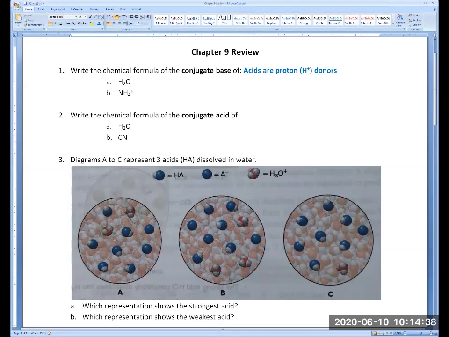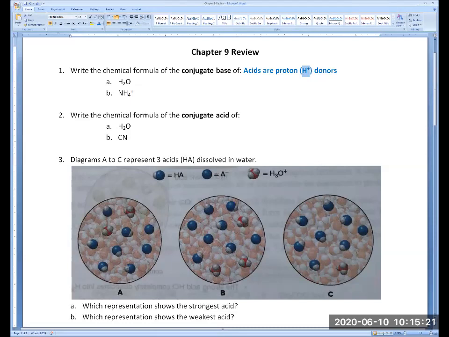Hydrogen, first element in the periodic table, atomic number 1, has 1 proton and 1 electron, and some isotopes have 1, 2, or 3 neutrons. But the main hydrogen atom has no neutrons, so it's just 1 proton and 1 electron. When that hydrogen atom loses its electron and becomes H plus, it's only a proton. That's why it's called a proton donor. A proton donor is an H plus donor, right?